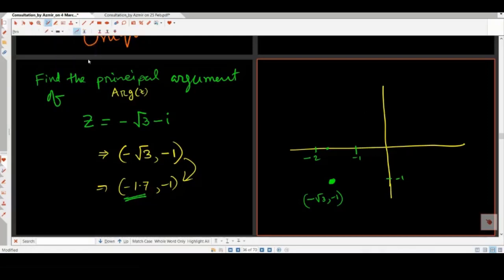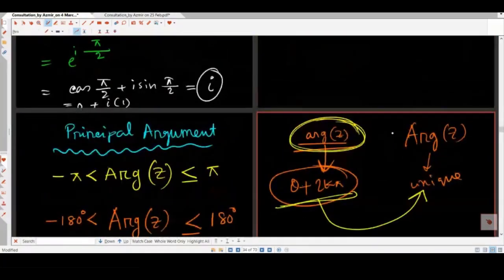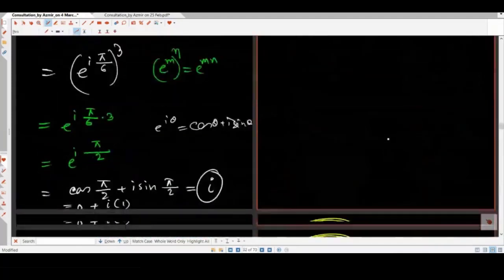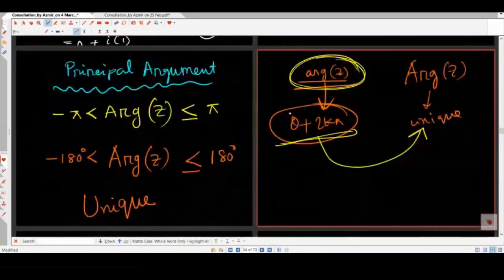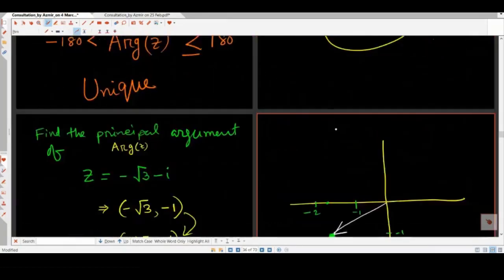Any complex number is directed from the origin, and we know that the first angle or argument that we understand is from the positive x-axis to the line. This argument is normally from the positive x-axis to the line that we have drawn.